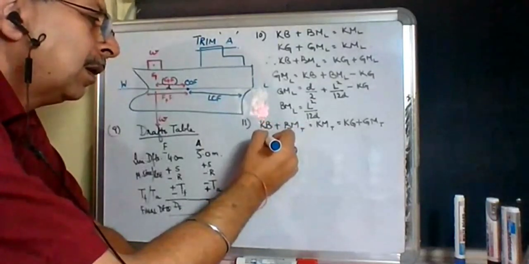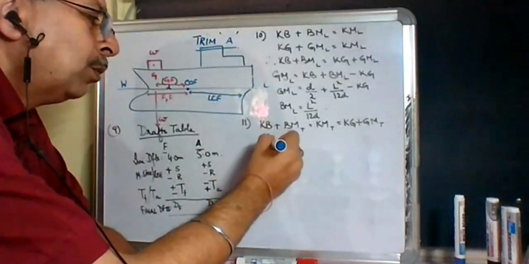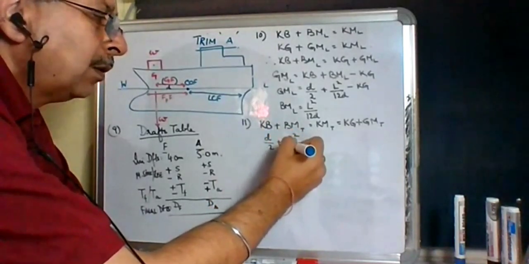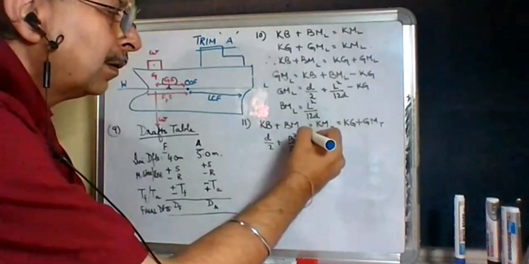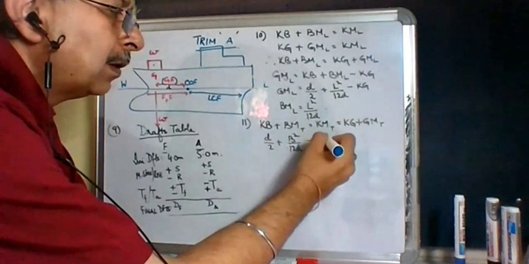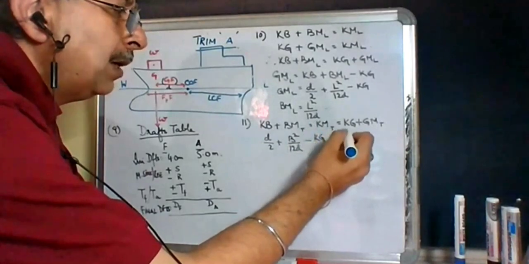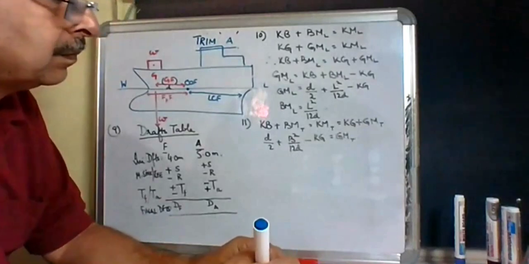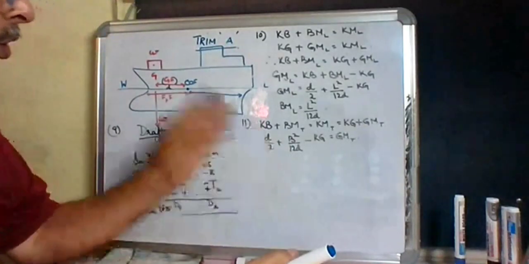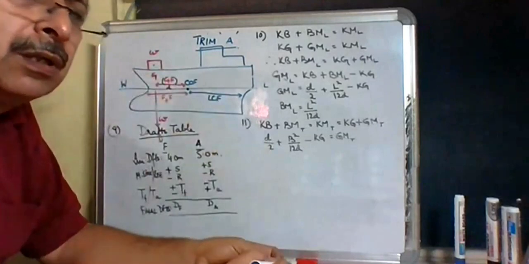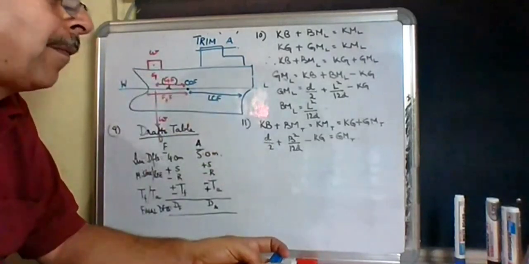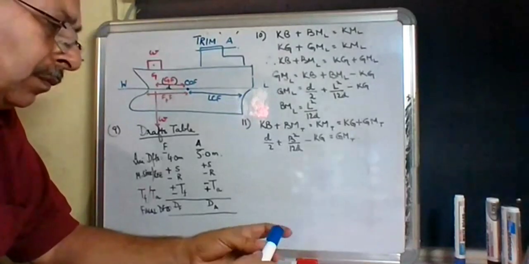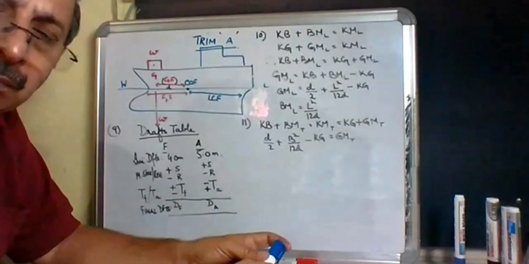Here KB is D by 2, BMT is breadth square by 12D minus KG will give us GMT, the GM of the vessel. This is not used in this question, but if it is asked, then you can use this.